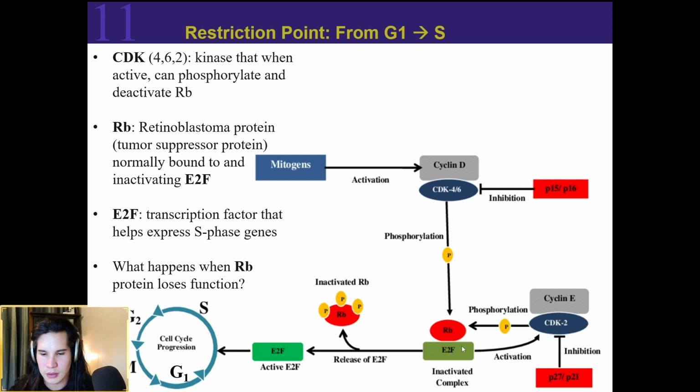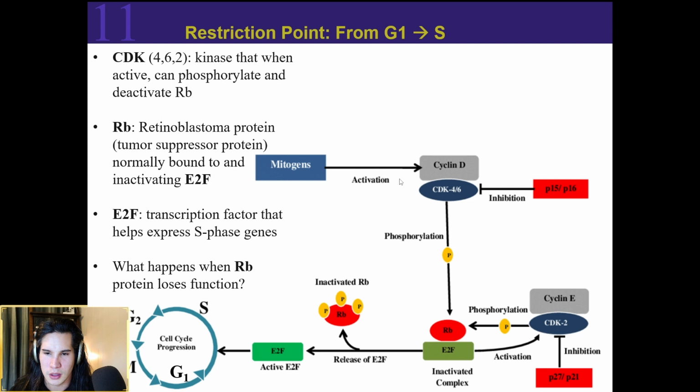So then E2F now has the capacity to float right into the nucleus, bind to all of the regions, the loci within your genome associated with S-phase genes, and prompt their transcription and therefore translation, pretty much bringing you into the S phase.